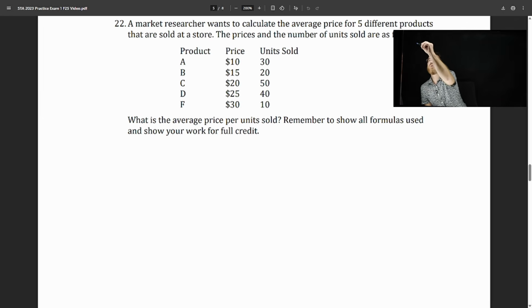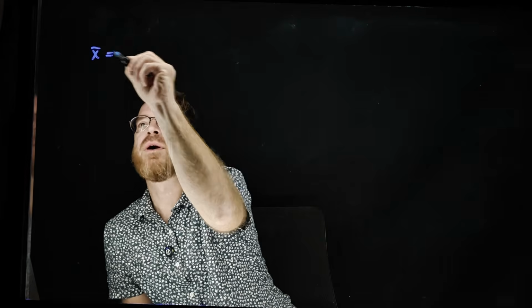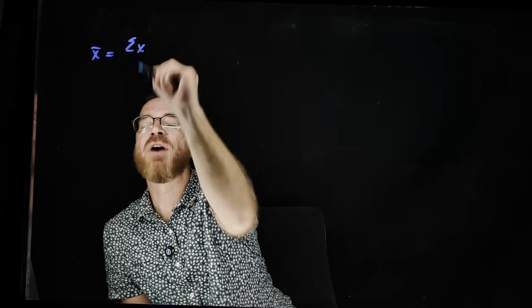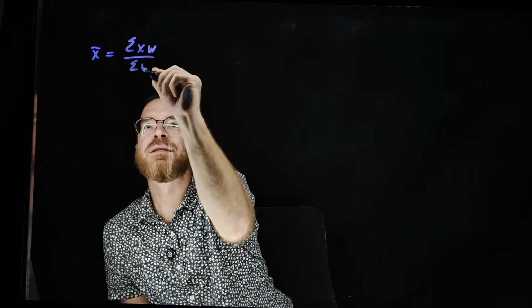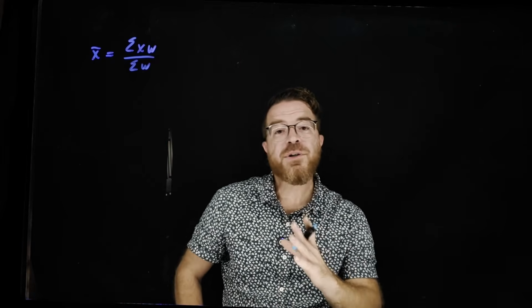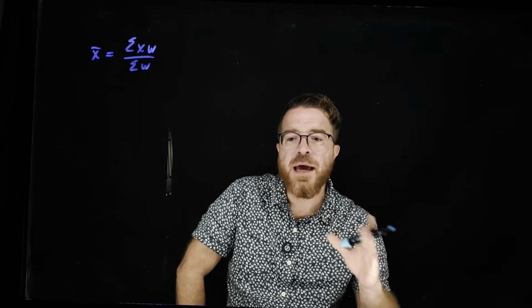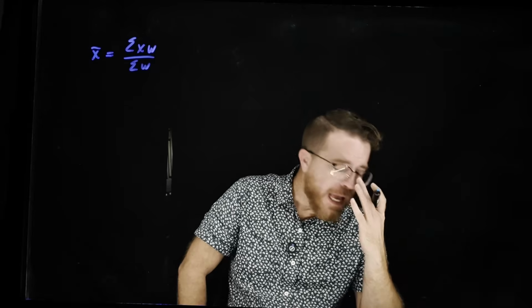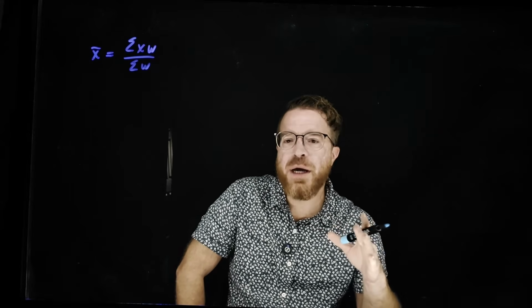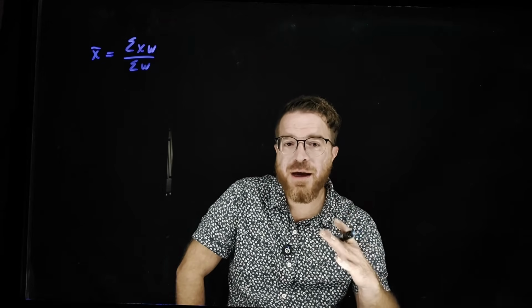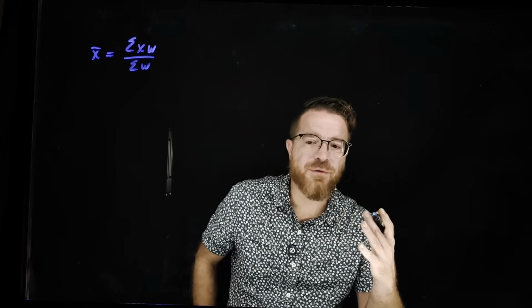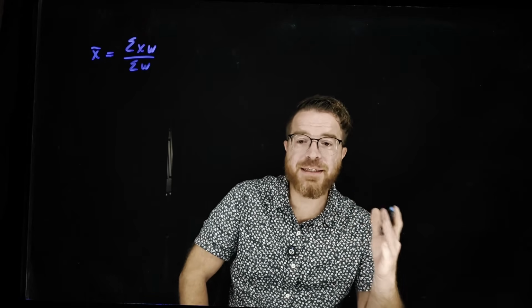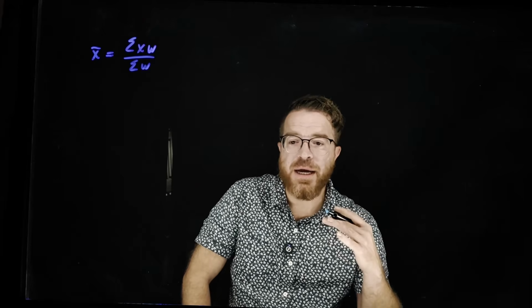If you remember, our weighted mean is X bar equal to the sum of our outcomes X times their associated weight, divided by the sum of our weights. So the first thing here is to determine what is our weight, the price or the units sold. In this one, it's a little bit ambiguous, but it's going to be the price. This is because the weight is sort of how much it affects the total average. For each product A that I sell, I am increasing by $10.